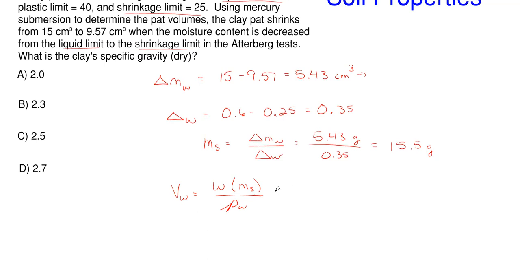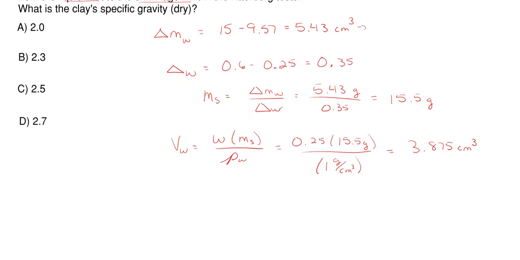Our moisture content at the shrinkage limit was 0.25, times our MS, which is our solid mass of 15.5 grams. Then we divide by 1 gram per cubic centimeter, and we get a total volume of 3.875 cubic centimeters.